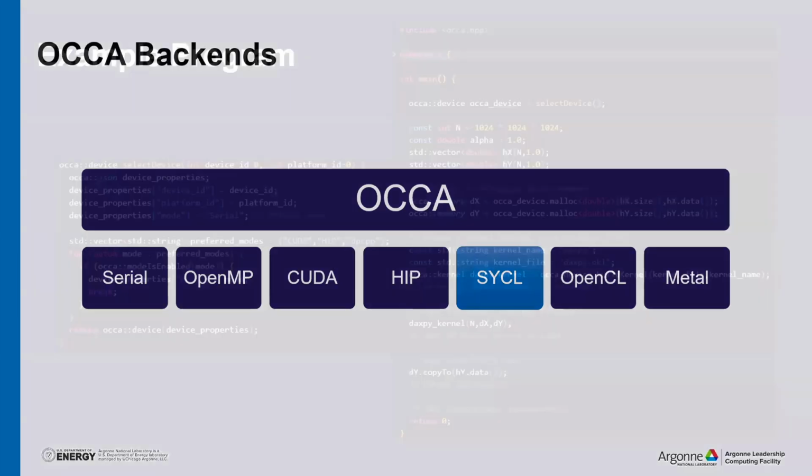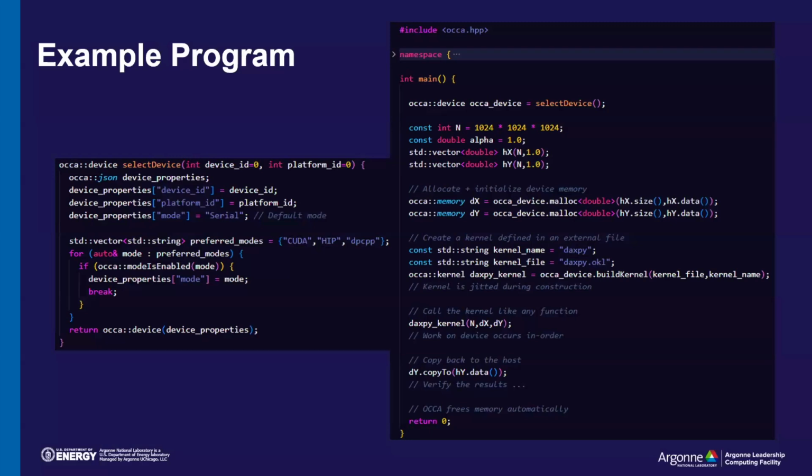All right. So here I have an example of a fairly simple OCCA program that allocates some memory and then creates a kernel and calls it.